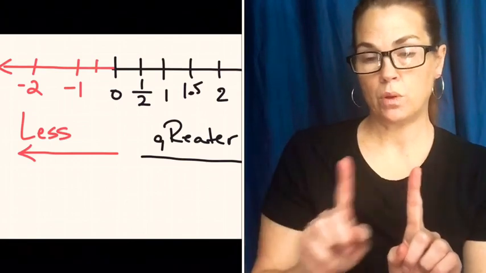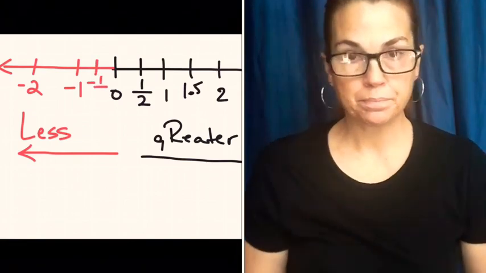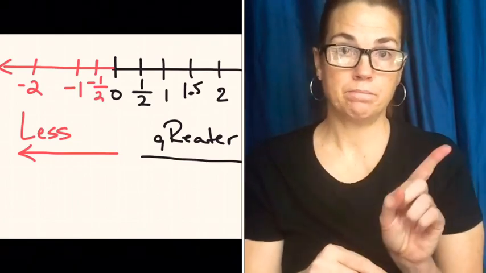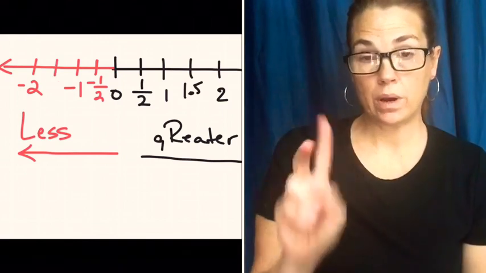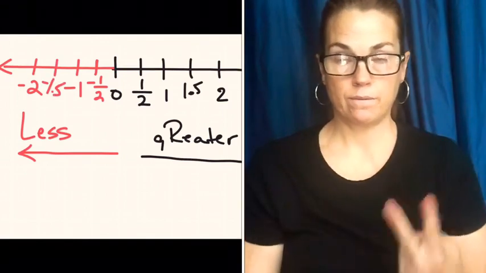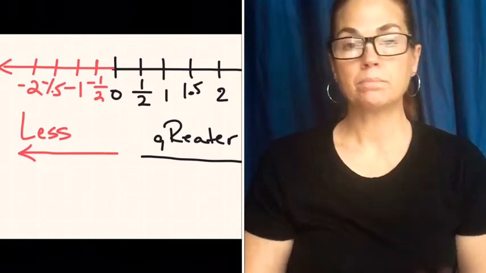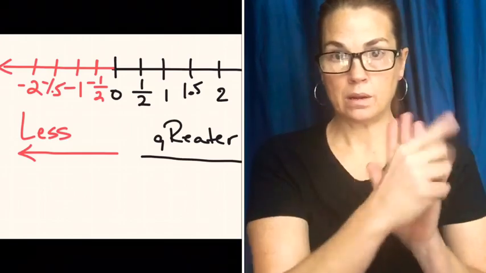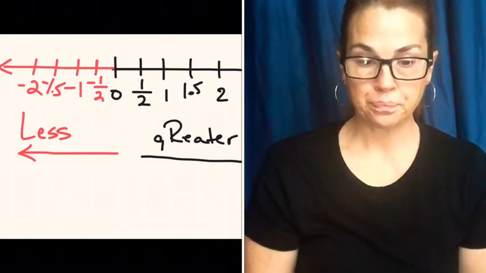So negative 1/2 would be halfway between 0 and negative 1, just as negative 1.5 would be halfway between negative 1 and negative 2. The number line can and should be used to order rational numbers.